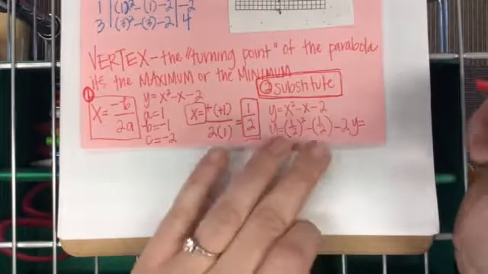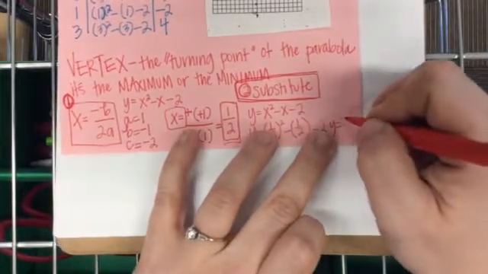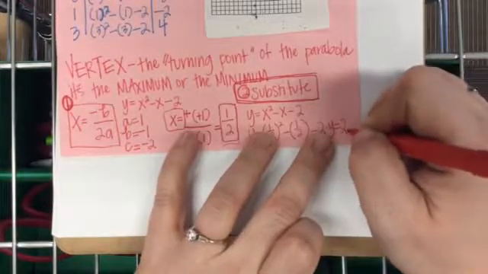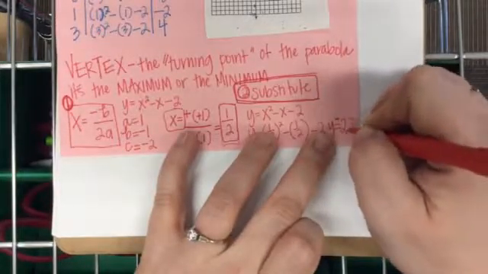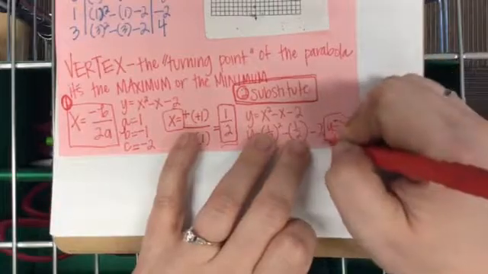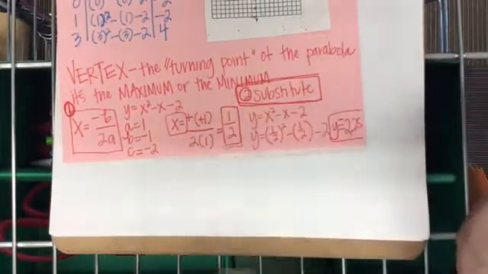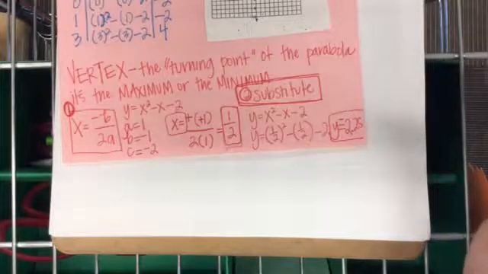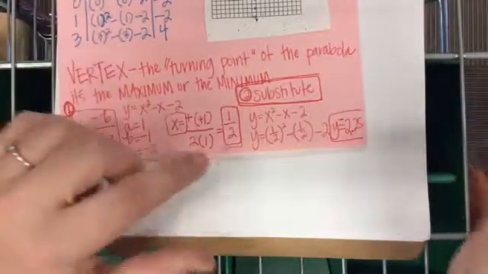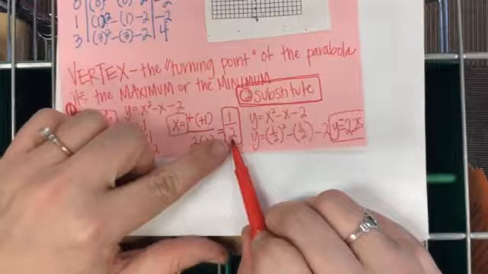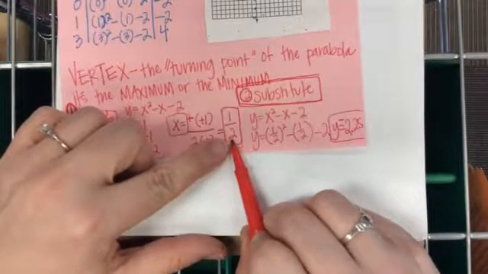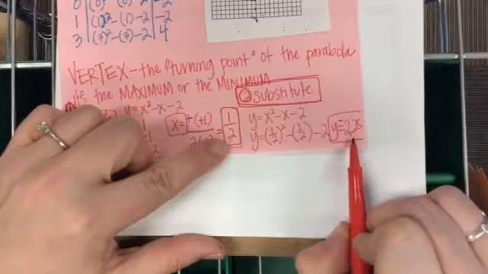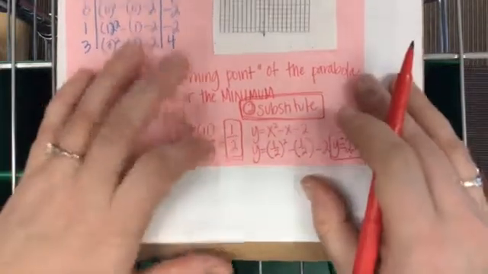What do you get, Gabby? Negative what? 9/4, which is 2.25, or negative 2 1/4, or negative 9/4. I mean, so many possibilities, right? So my ordered pair is 1/2, negative 2 and 1/4.